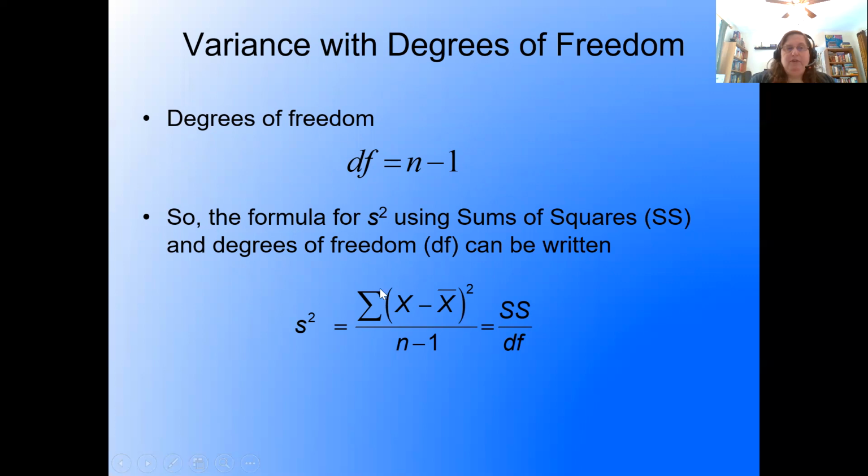How? Remember, this is sums of squares. The top is sums of squares of the deviations or differences. That's SS. The bottom is n minus 1, which is really, as we saw up here, df. So that can be written as SS over df.